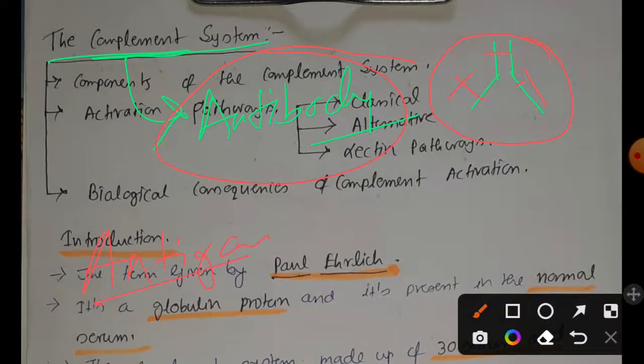Antigen is nothing but the immunological term for the foreign invaders. So the antibody will work against the antigen, and the function of the antibody can be complemented by the complement system. That means, in simpler words, the complement system will help the antibody to destroy this antigen. That is the idea.